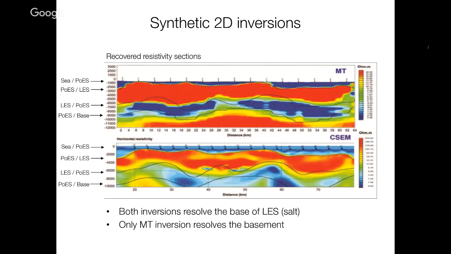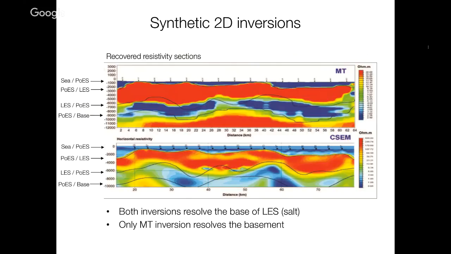They use 3D EM codes to generate synthetic data, and then invert it in 2D. So it's showing one 2D line. The top part is the sea plus the sediment layer, where blue is conductive and red is resistive.